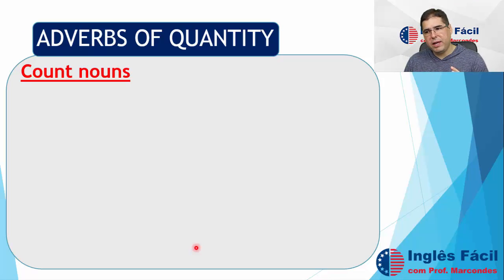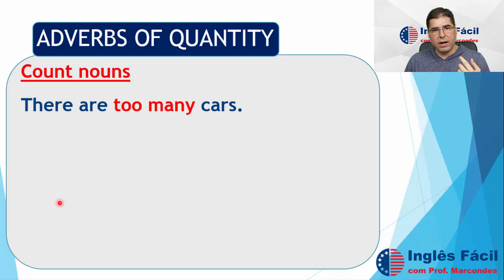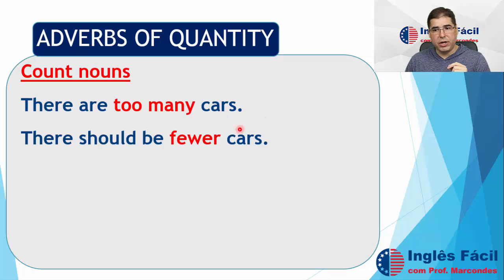So let's begin with the adverbs of quantity for count nouns. Nouns we can count: 1, 2, 3. For example, there are too many cars. So many I use with countable nouns. There should be fewer cars, and there are too many cars are synonyms.